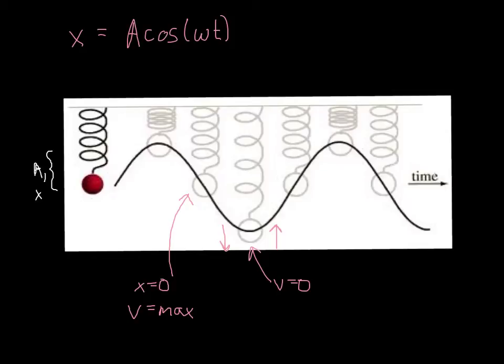So at this point, my velocity is equal to 0, but my acceleration is equal to a maximum, because I have the maximum amount of stretch. So my force that's pulling me back up, this force that's restoring me back to where I want to be, back to the natural position of the spring, this force is at a maximum. If your force is at a maximum, then your acceleration is at a maximum. So everything we've just read, everything we've just studied, all makes sense, and it all makes sense in terms of things that we learned about back in the force chapters.